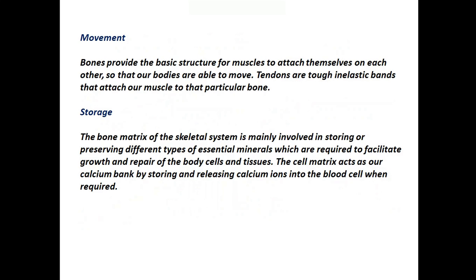Next, storage. The bone matrix of the skeletal system is mainly involved in storing or preserving different types of essential minerals, which are required to facilitate growth and repair of the body cells and tissues. The bone matrix acts as our calcium bank, by storing and releasing calcium ions into the blood when required.